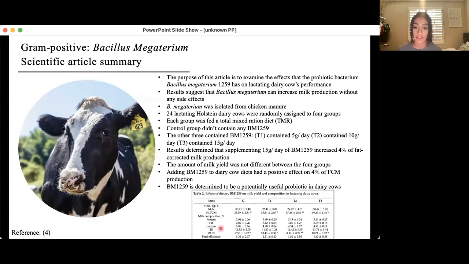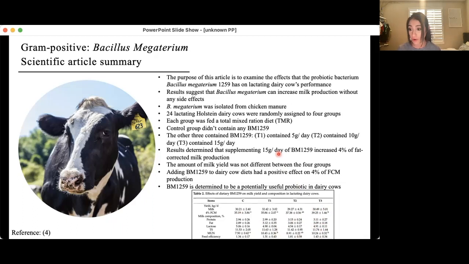So on the bottom here, you see control, T1, T2, T3. The control group was fed the same TMR diet, which is a mixed diet. The only difference with the control group is that it didn't contain the probiotic, but the others did. As you can see here, it was significantly higher in T3 for 4% fat corrected milk, which pretty much is the energy in the milk.